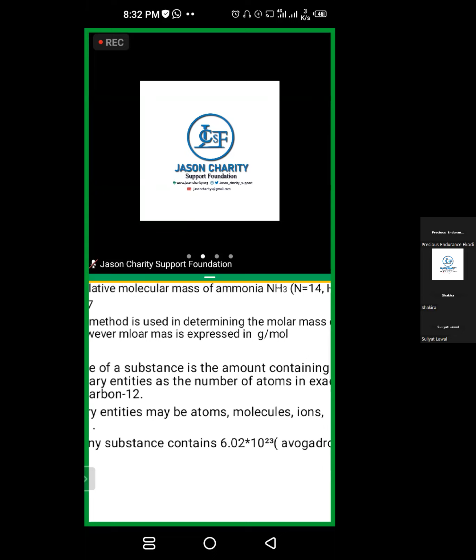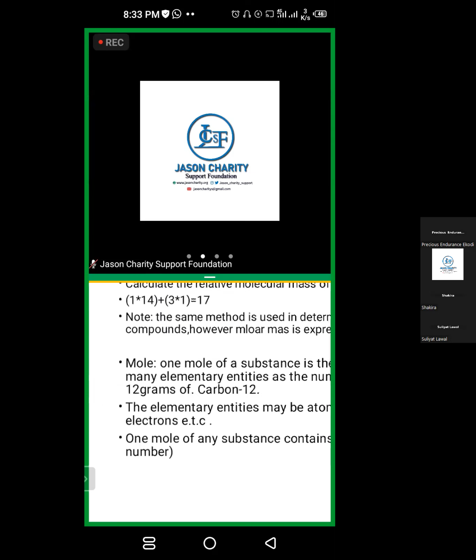This is the Avogadro's constant. So that means 1 mole of an atom, 1 mole of a molecule, 1 mole of an ion contains exactly 6.02 times 10 raised to the power 23 atoms, molecules, or ions of that particular substance we are talking about.